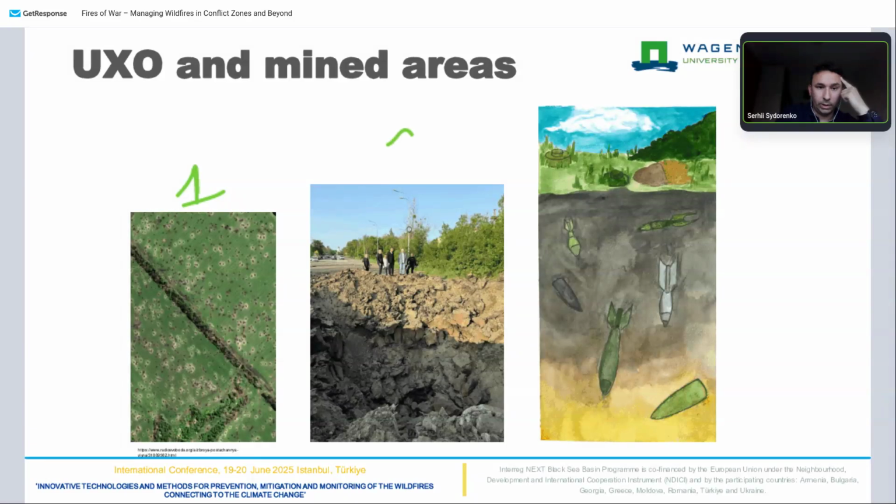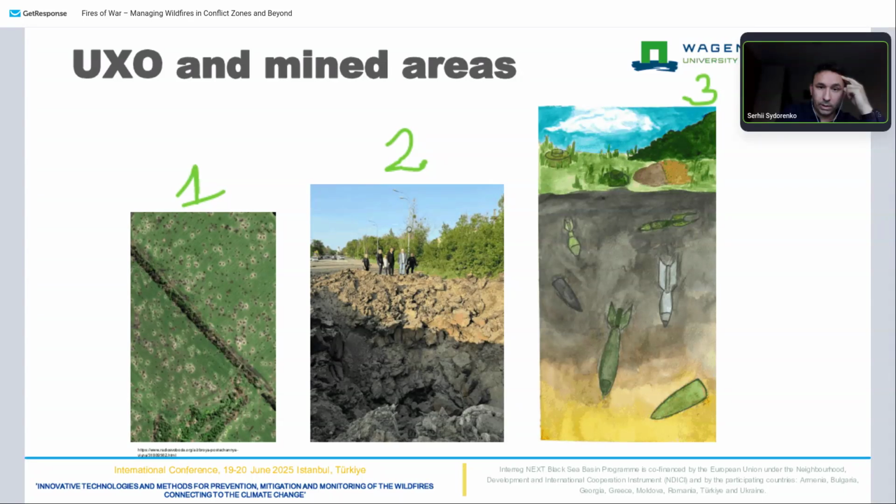Also, it is important to think about different types of ammunition. Here, actually, is a crater formed from a ballistic missile, taken by my friend from Kharkiv, about 100 meters from a place where I used to live.